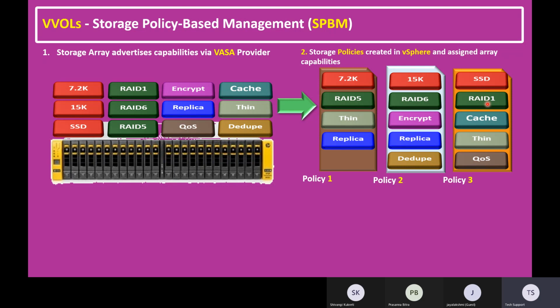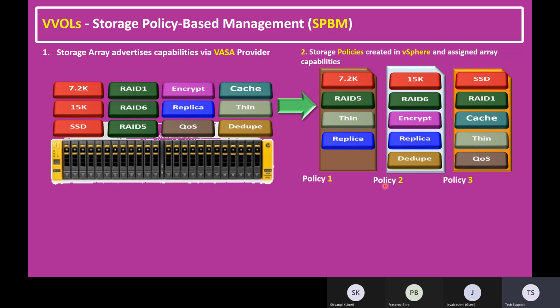Whatever disk you create, virtual machine disk, all the disks will be duplicated. We have the mirroring concept, RAID 1. And we also have a cache disk configured, thin disk configured, quality of service is high. So that is considered as policy 3. This is the example I'm giving you, but in our real-time scenario, this will change depending on customer scenarios.